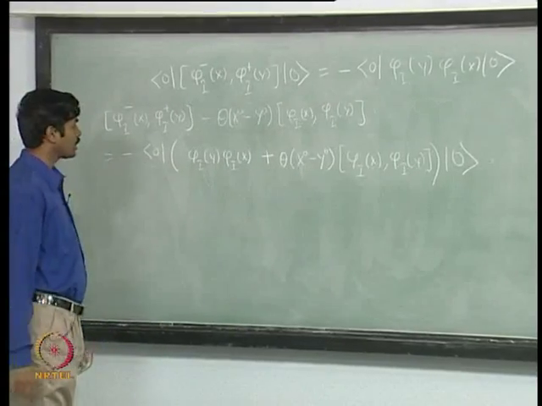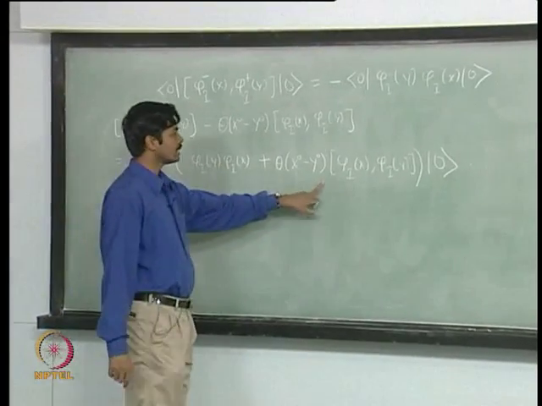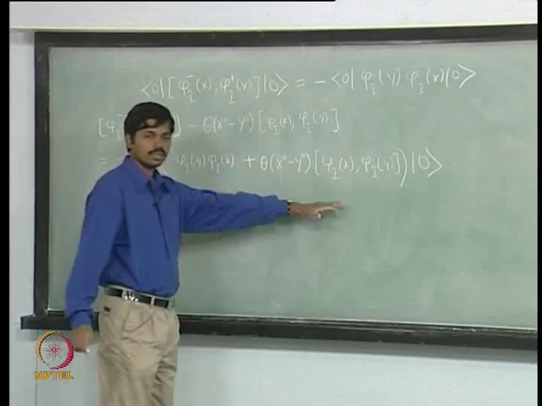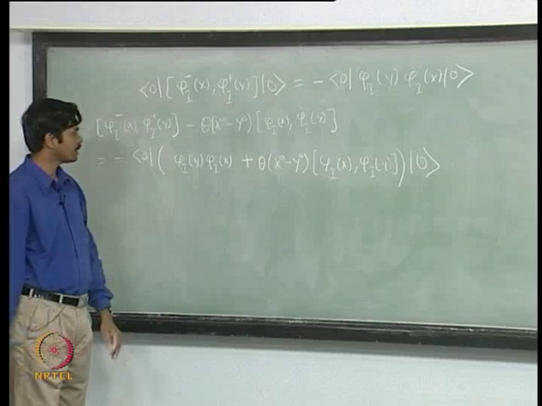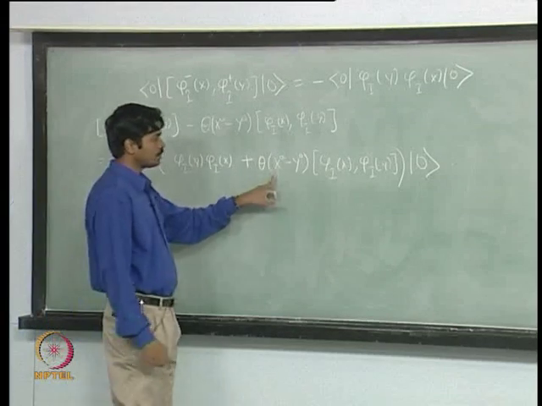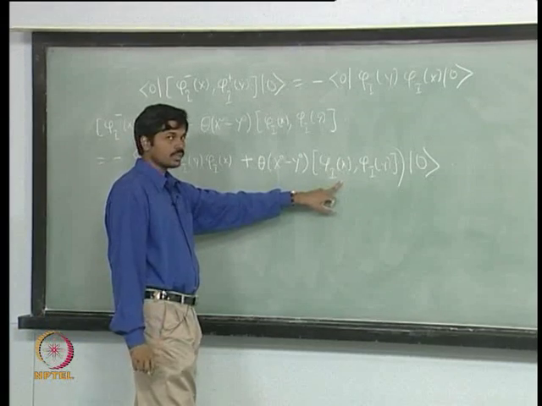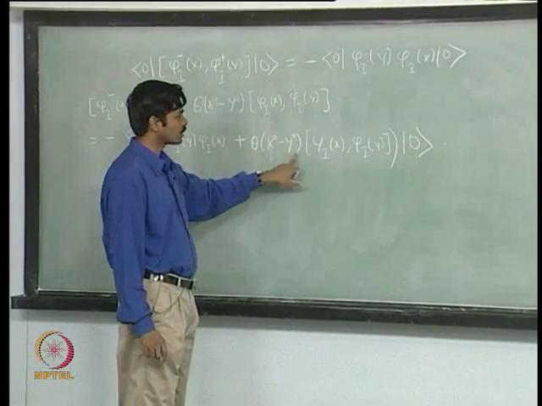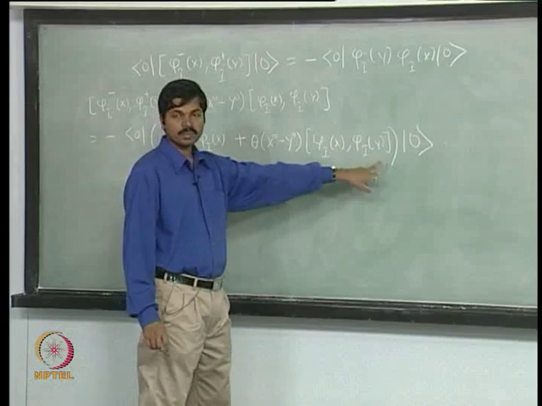So, very straightforward. Now, you can see that you can write this term even in a more compact way. If you look at this, it will give you two terms. The first term is simply theta x 0 minus y 0 phi I x phi I y.